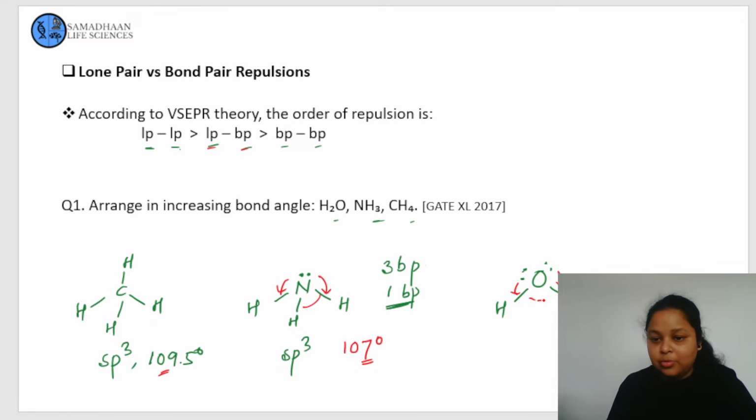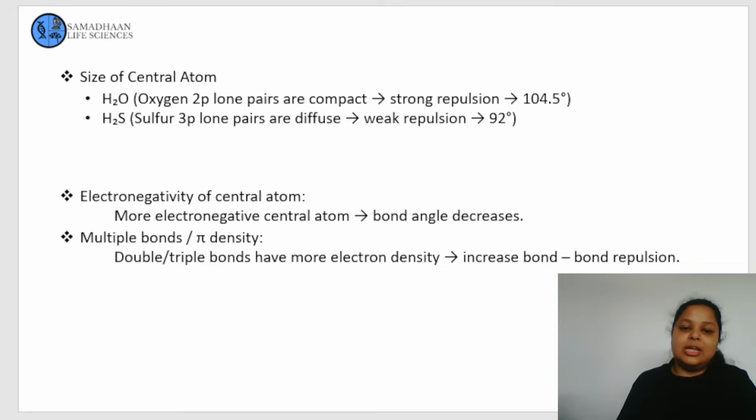So the bond angle will be lesser, 104.5 degree. So all these three molecules are sp3 hybridized, but the value of the bond angle is different in these three. So let's take other factors into consideration.